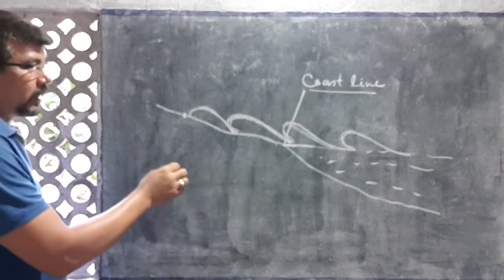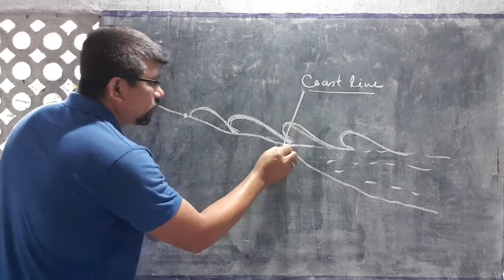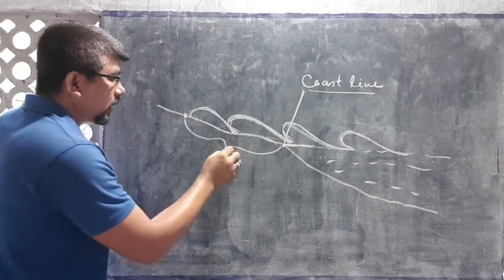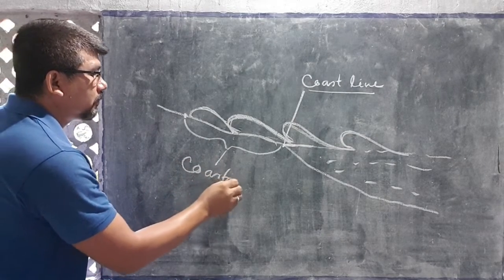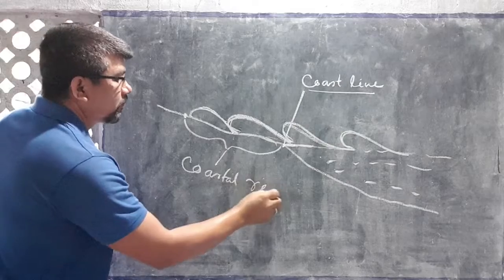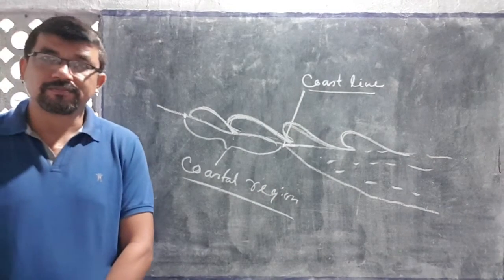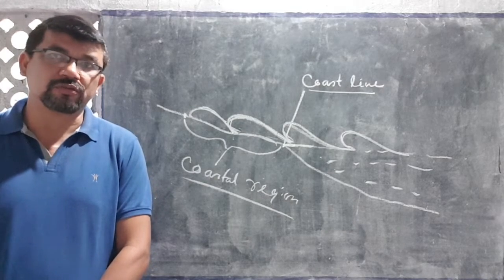Then in normal conditions, the waves go down again to this point. So from here to here, the region is known as the coastal region. Clear? What is a coastal region and what is a coastline?